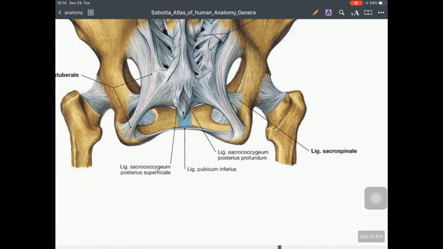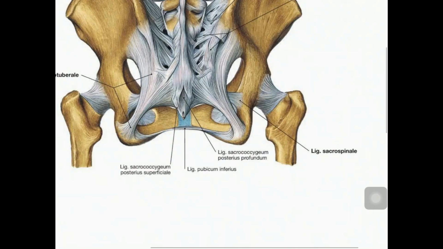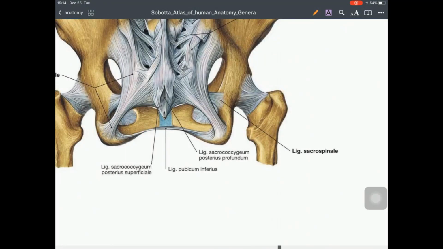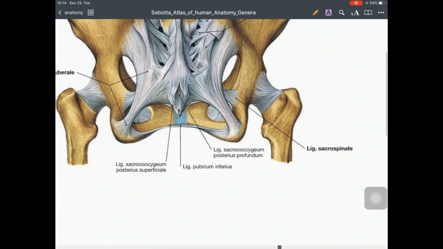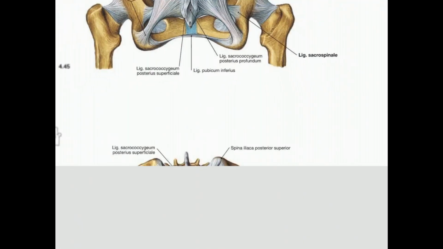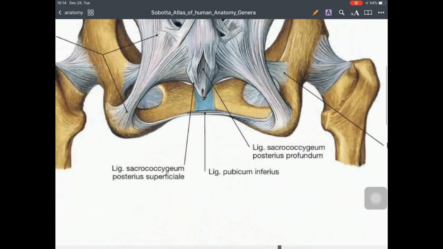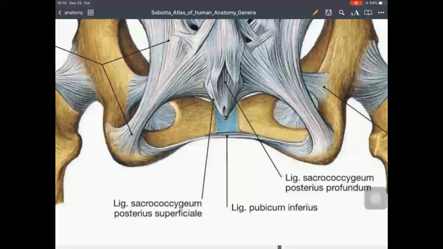This is the pubic symphysis, and here's the pubic arch, the whole thing here. That's the anterior border. The tip of the coccyx is the posterior border. Laterally, the ischial tuberosity. Posterolateral is the sacrotuberous ligament on its inferior margin, the lower limit of the sacrotuberous ligament.